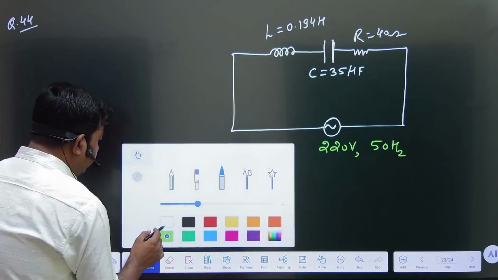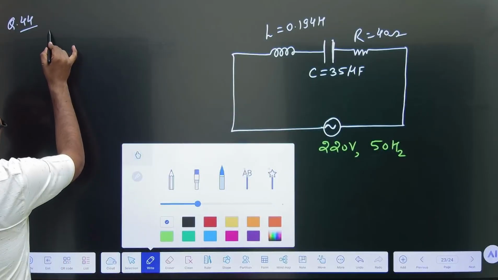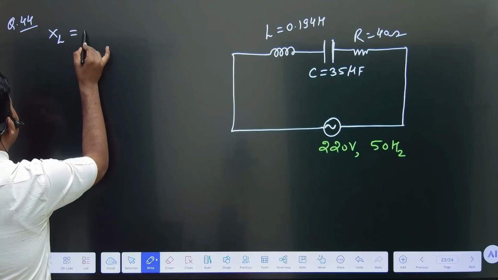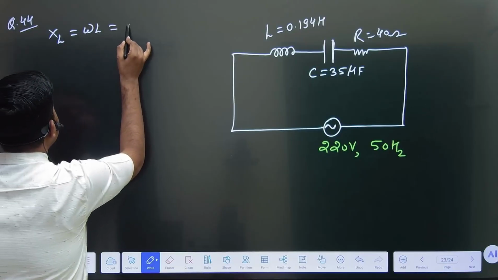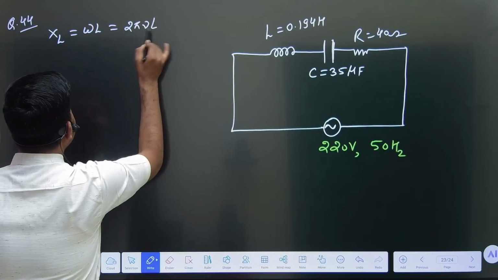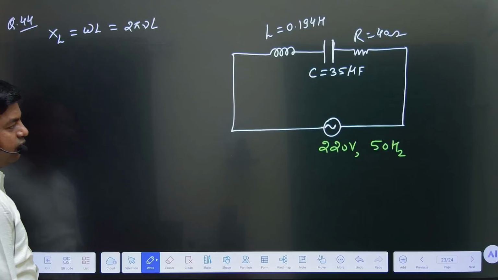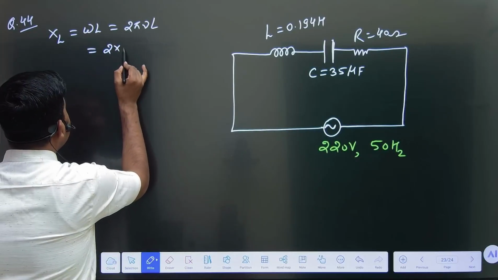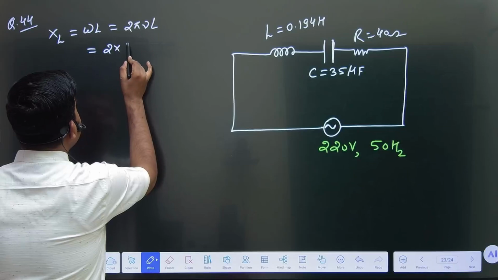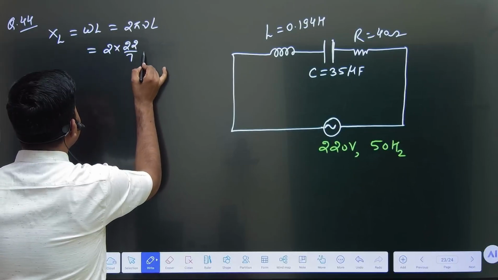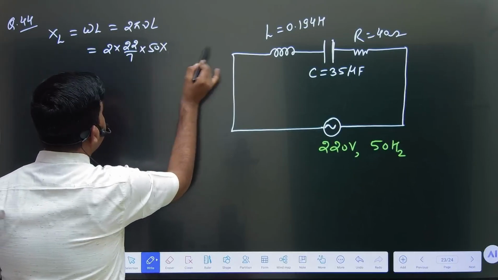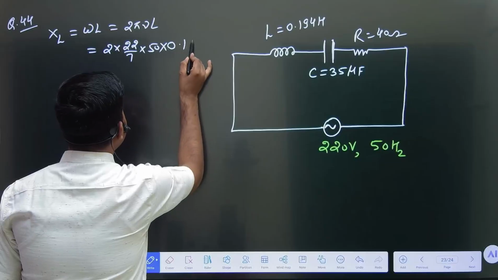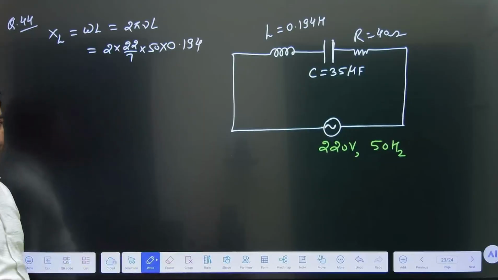So to calculate the impedance, first of all, we have to calculate the inductive reactance XL, and XL equal to omega L equal to 2 pi F L or 2 pi nu L. Nu is frequency. So here 2 into pi, pi is 22 by 7, frequency is 50 and L is 0.194 Henry.